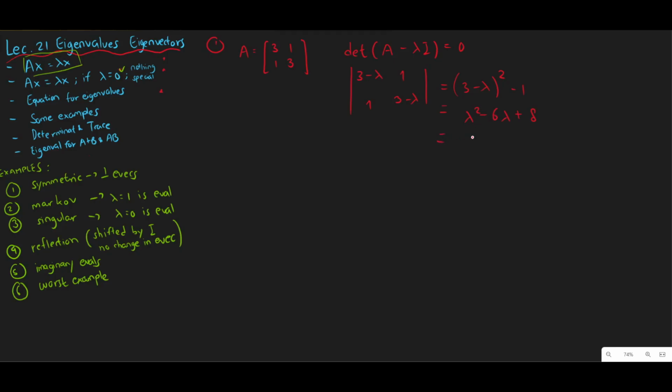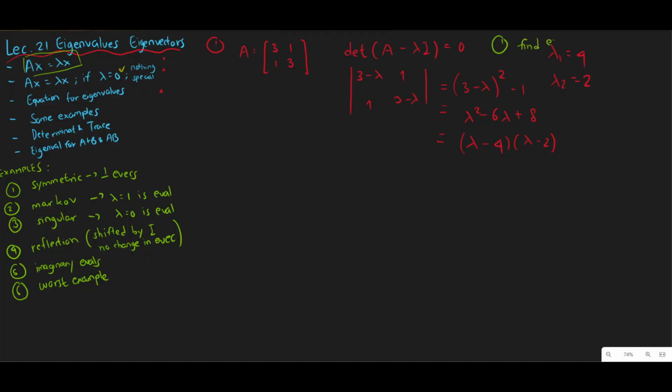And then this can be factored out to be lambda minus 4 times lambda minus 2. So the eigenvalues, which are the roots of this equation, are lambda 1 is 4, lambda 2 is 2. Okay, so that's our first step.